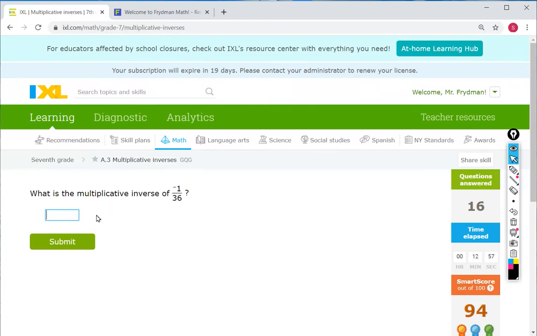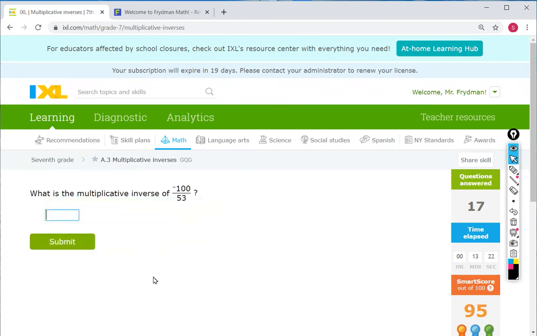So we'll keep the negative, but we'll just flip the numbers that are in the numerator and denominator. So our answer will be negative 36 over 1. But in fact, I don't have to put over 1, because anything divided by 1 is just itself. So I can just write for this one, negative 36.